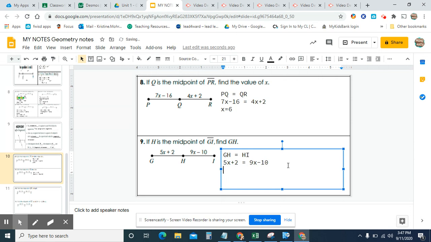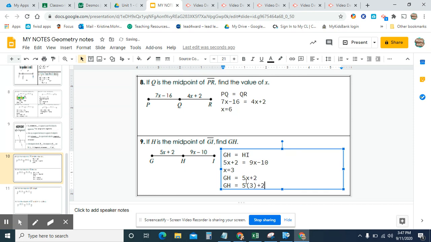So x is equal to 3, but remember, did it ask me for x? No, it says find GH. So that means I need to go plug back in here. I need to change GH from being 5x plus 2 to becoming 5 times 3 plus 2 more.